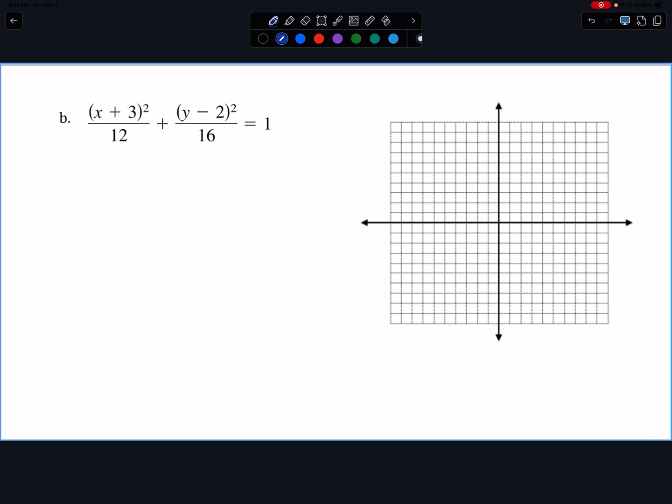How do I know if this is vertical or horizontal? Which number is bigger on the bottom? 16. Which variable is that under, X or Y? Y. So is this vertical or horizontal? Vertical, good. So this is going to be our A squared, which means this is going to be our B squared. So this is going to be a vertical major axis.